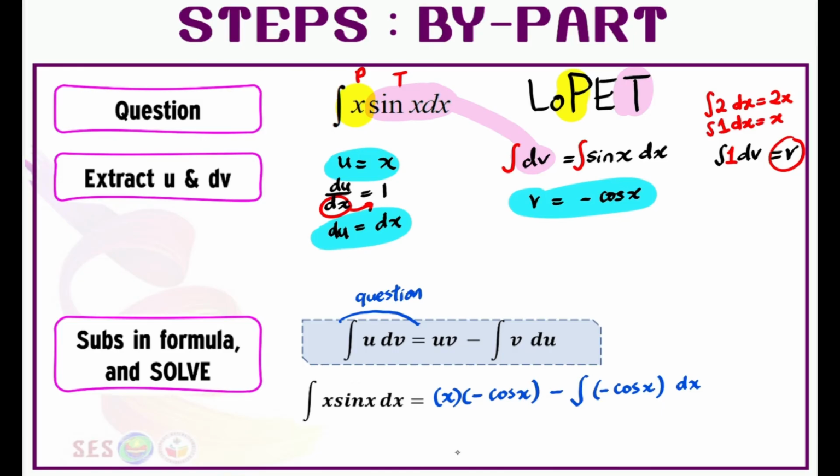Alright, to simplify this, I will bring negative in front. So I have negative x cos x, and for this part, negative and negative will be positive. Integrate cos x dx. And what I meant by step solve here is we need to solve this integration part over here.